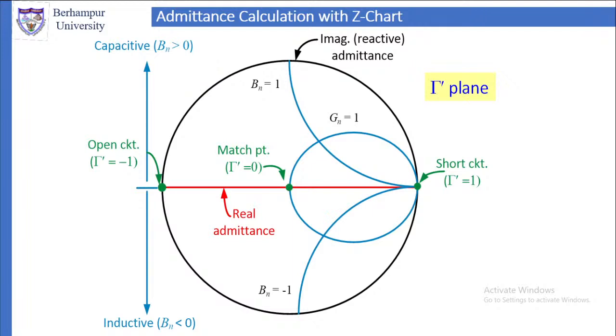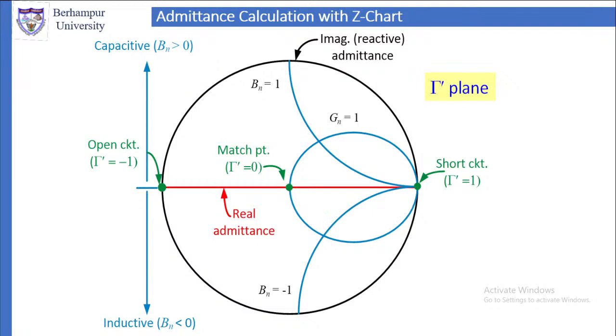Now the portion above the red line will be capacitive because Bn will be greater than 0. The portion below the red line will be inductive because Bn is less than 0. Why does this become like this? When Bn is greater than 0, why is it capacitive?